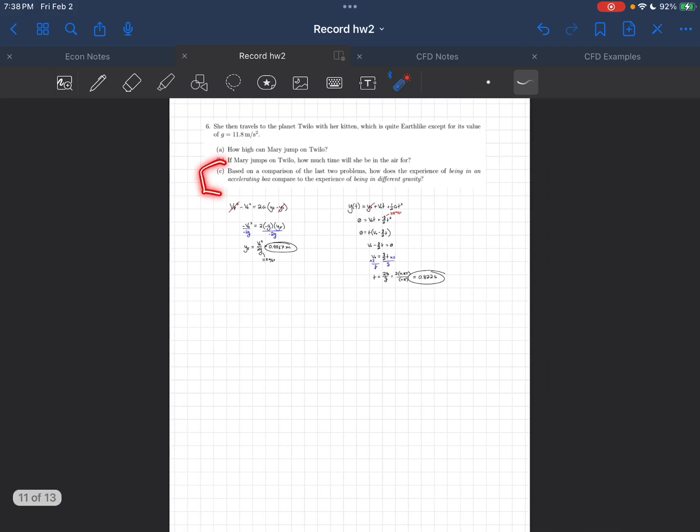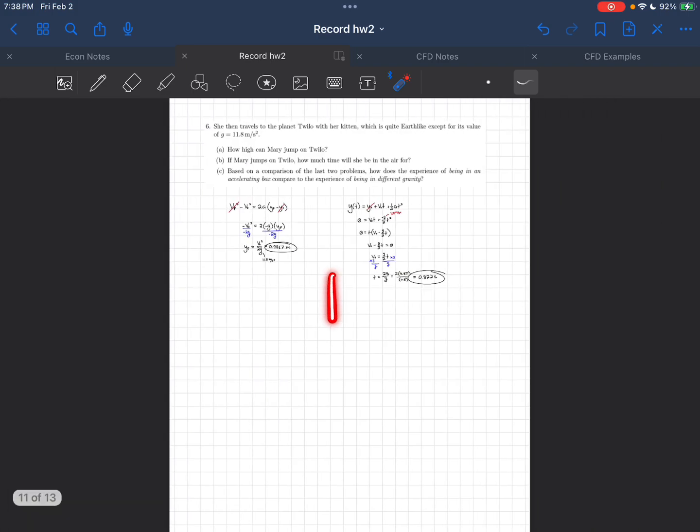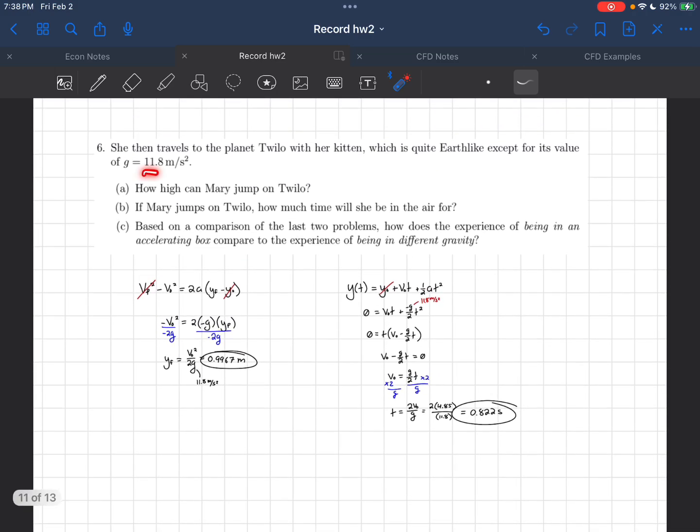So the conclusion that I can draw is that they're the same, right? If the floor is accelerating upwards to meet the jumping cat, it's essentially the same as saying she's accelerating towards the floor faster. So it seems like a stronger acceleration from gravity.